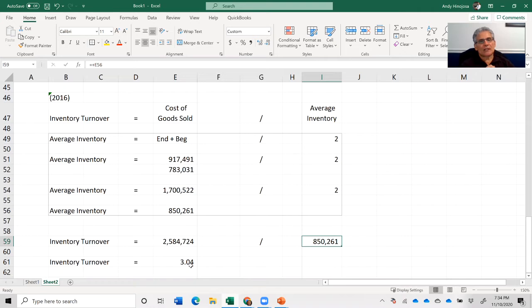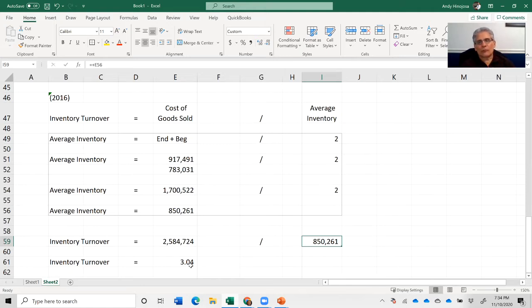So what this is telling us is that on average, the company is selling the average dollar balance in their inventory 3 times a year.